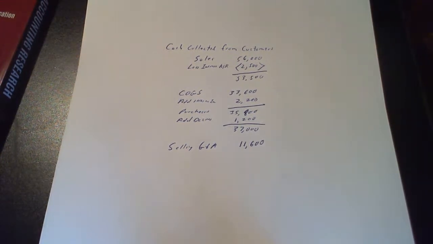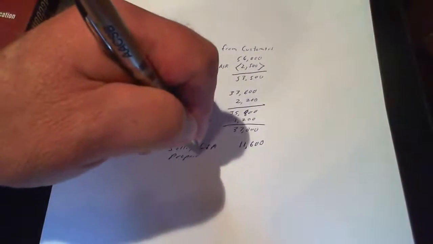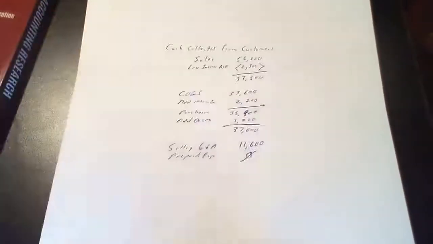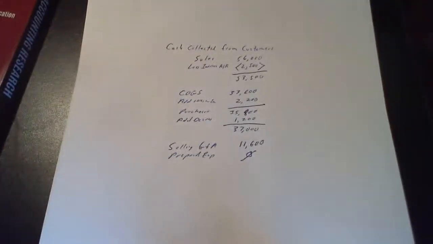Now, prepaid expenses are actually an asset over here. So I don't see any over there. And the next one is the increase in accrued expenses.